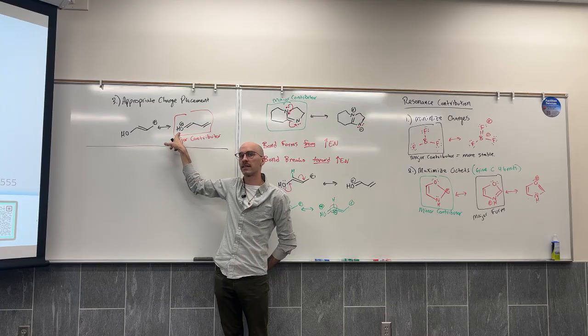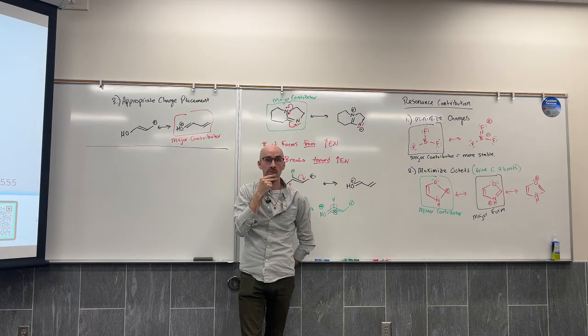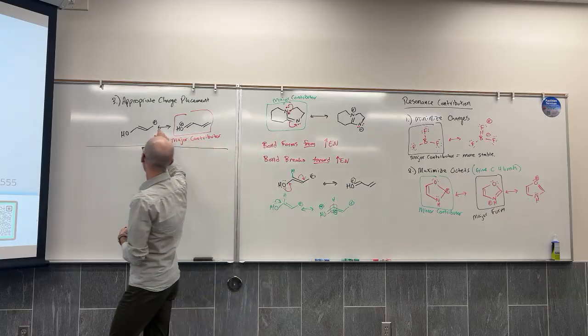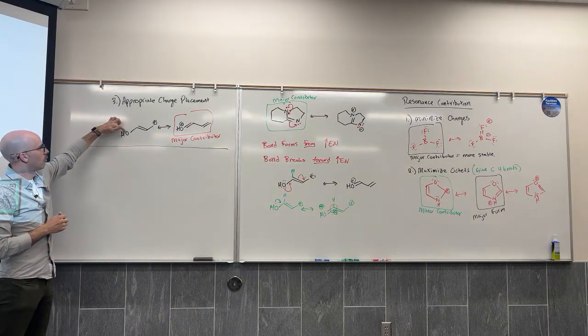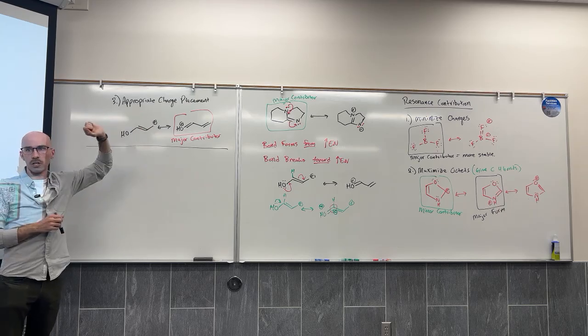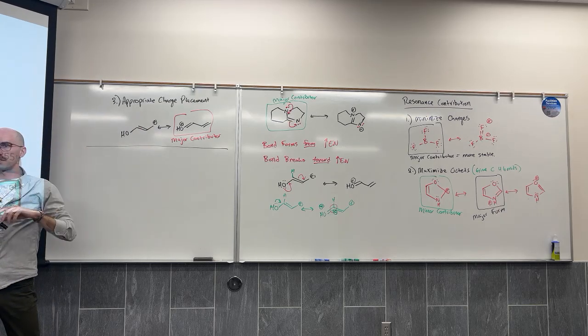So why is it that oxygen prefers to share more? It's not really just about oxygen, it's about the molecule. And remember, this one's a little bit more complicated because it's a 4 atom system rather than just a 3 atom system.